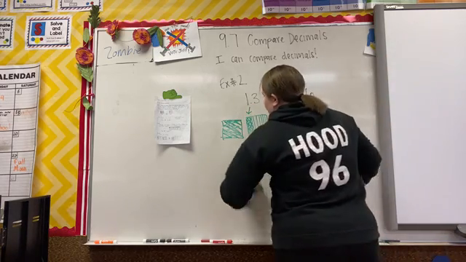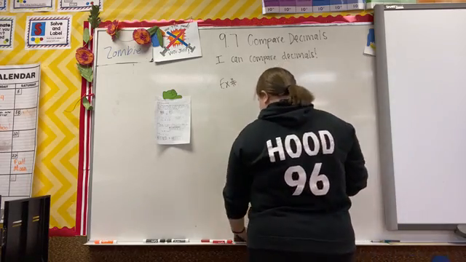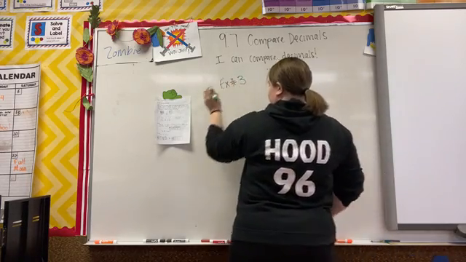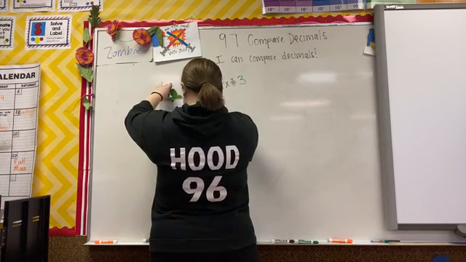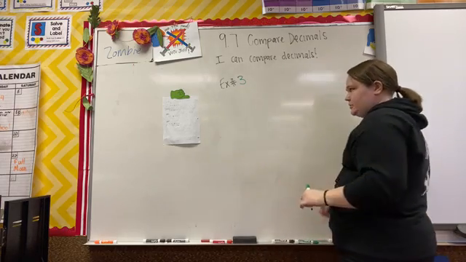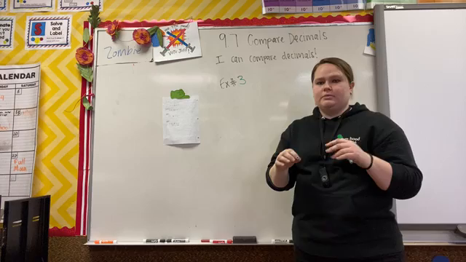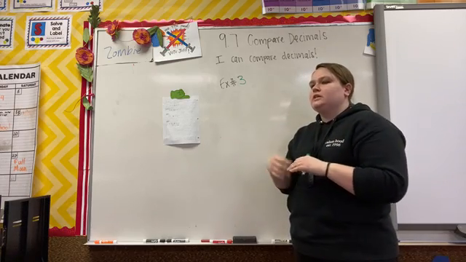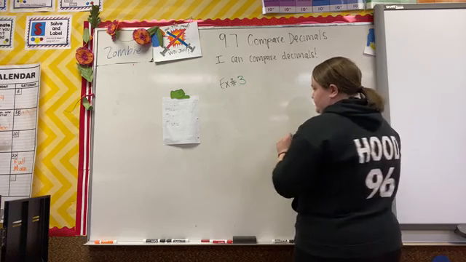Okay, let's try example number 3. I like comparing them by making them look the same. I think I've said this before. If I have one in the hundredths place, I'm going to make them both in hundredths, and you'll see with this one.